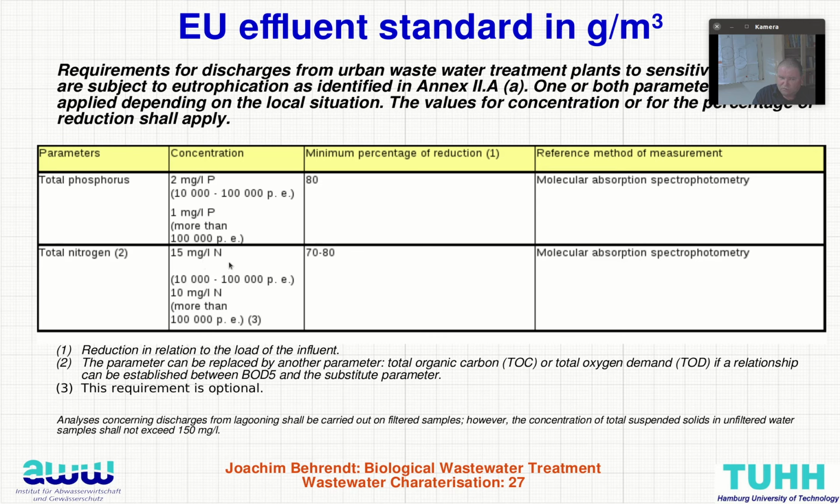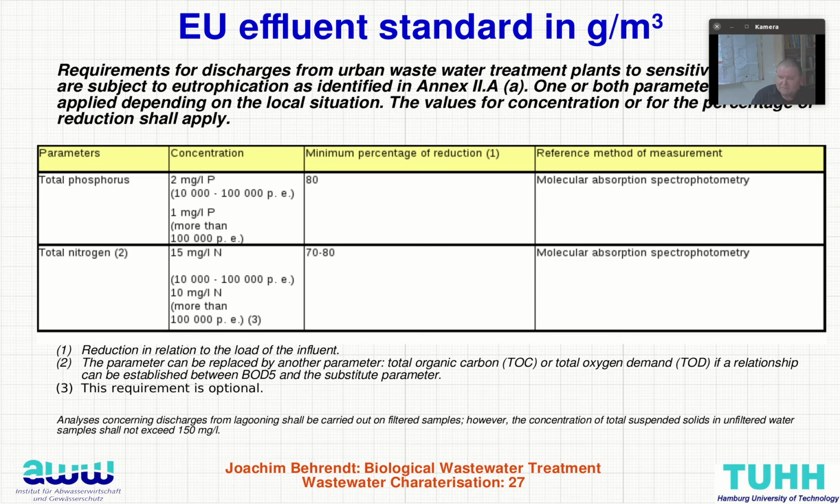Total nitrogen we have to bring down to 15 milligrams per liter N, or for bigger plants 10 milligrams per liter N, or a minimal reduction between 70 and 80%. You can choose 70%, maybe that is easier than 10 milligrams per liter.